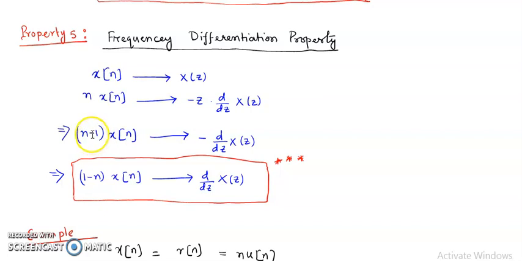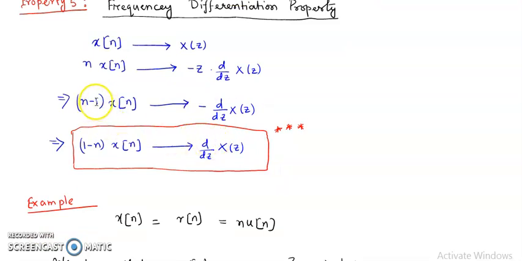If we put n minus 1 here, then you can multiply by z to the power minus 1. So that z to the power minus 1 will cancel out with this z, and you can remove this z by multiplying n minus 1 on the left hand side. So if you write n minus 1 into x[n], we're actually shifting this n by n minus 1. So that's why this z is cancelled out on the right hand side here.